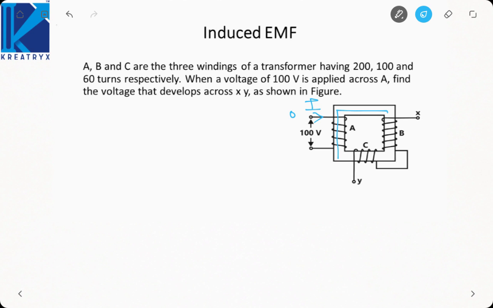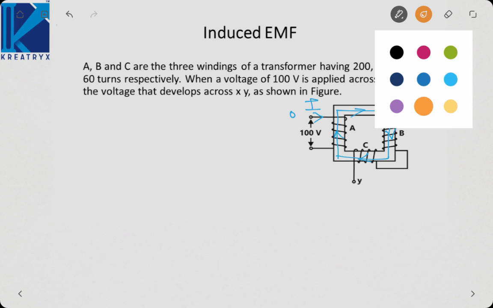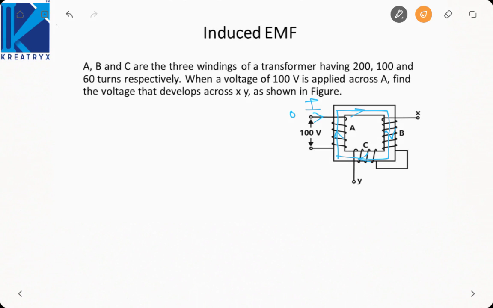So the flux will be clockwise. Since the flux is clockwise, the flux in secondary should also be clockwise. That is, in the B, it must be clockwise or it must be downwards. If it is downwards, then how the current should flow? The current should enter in the X terminal like this. So I will place the dot at X.